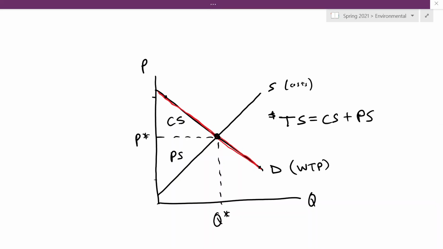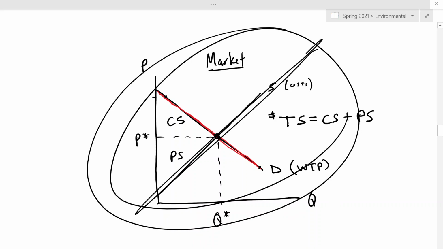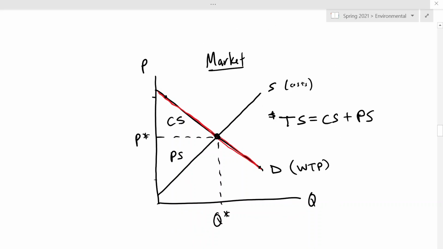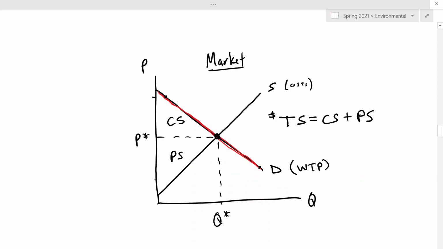And like we discussed in the last video, the problem is that this is a market, but things like clean water, clean air, natural environmental resources, public goods, there is no market for a lot of these. And so what we have to do is try to estimate people's willingness to pay through various techniques.